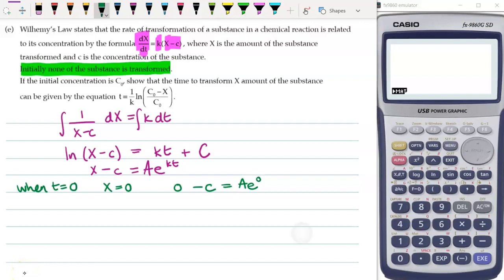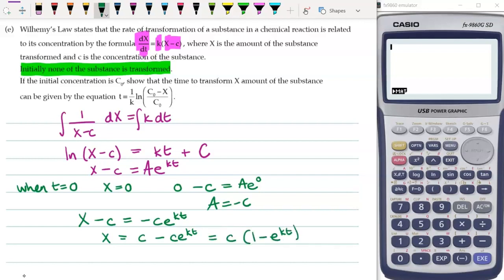E to the 0 is 1, so A is equal to minus c. So we can rewrite this as x minus c is equal to minus c e to the kt. So x is c minus c e to the kt, which we can take out a factor of c, and it's 1 minus e to the kt.